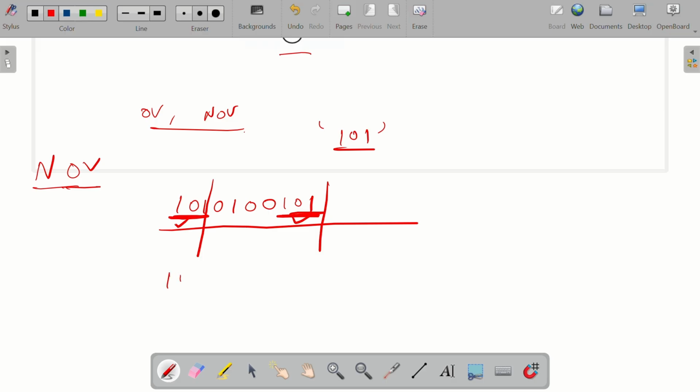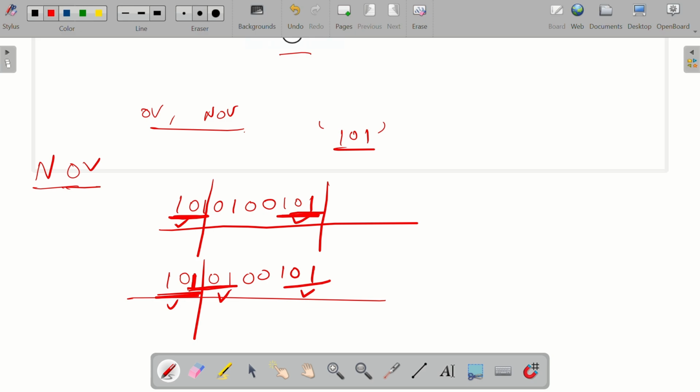Whereas for the overlapping case, I have my 101. I've detected my 101. I can leverage this one to detect the second sequence also. So my second sequence will start from the last bit of the previous sequence. So this is the first 101, this is the second 101, this is the third 101.